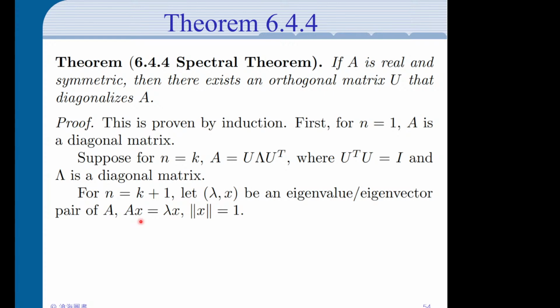So how does this go? We have A of dimension k plus 1, and there must be an eigenvalue-eigenvector pair of A. You can solve the characteristic polynomial, and there must be at least one eigenvalue.